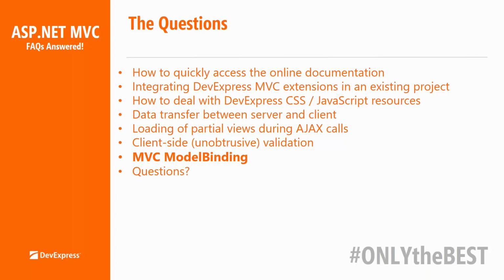The MVC model binding is one of the things that I like a lot. And I mean, everybody who used to develop with classic ASP or maybe is doing work with PHP, you have to deal with form data as a collection of keys and values.